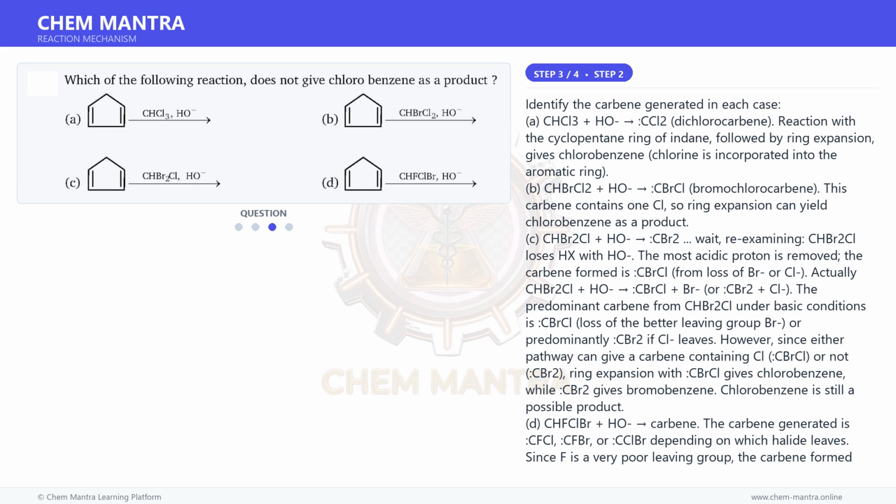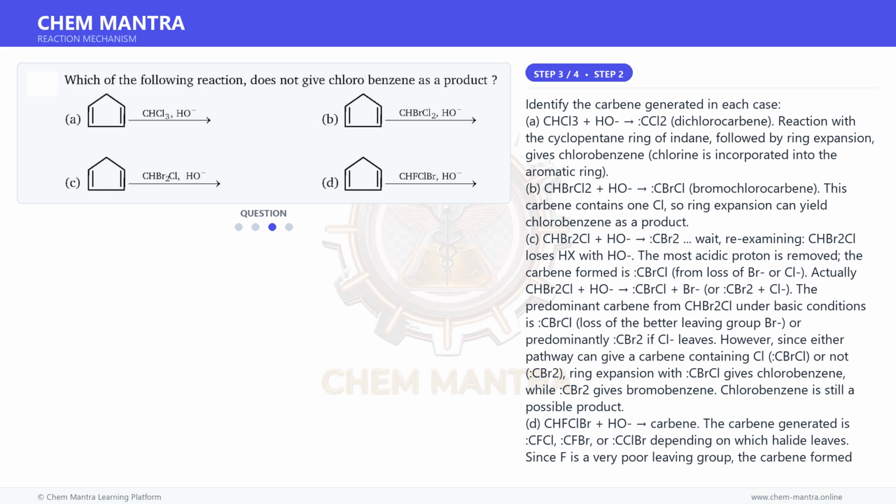C. CHBr2Cl plus HO- gives CBr2. Wait, re-examining, CHBr2Cl loses HX with HO-. The most acidic proton is removed, and the carbene formed is CBrCl from loss of Br, or CBr2 if Cl leaves. Actually CHBr2Cl plus HO- gives CBrCl plus Br-, or CBr2 plus Cl-.